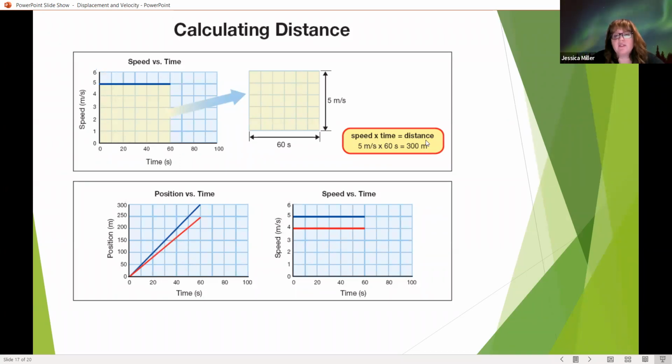So to solve for distance, I can look at the area under the graph, or I can simply do speed times time, velocity times time. With a position and time graph, when you have a constant velocity, your speed or velocity graphs will always be flat lines.